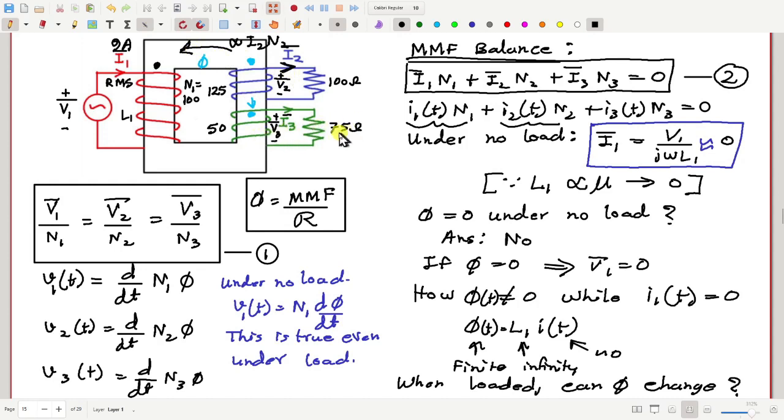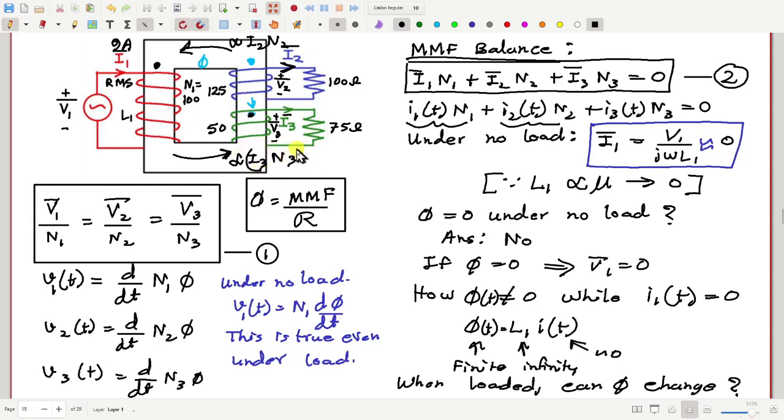Similarly, I3 will also try to generate a flux, and in which direction will that be? Again, if it is going away from the dot, then that will be, I have made a mistake actually here. Okay, I'll correct that. So that will also try to generate a flux in the anti-clockwise direction, proportional to I3 N3.